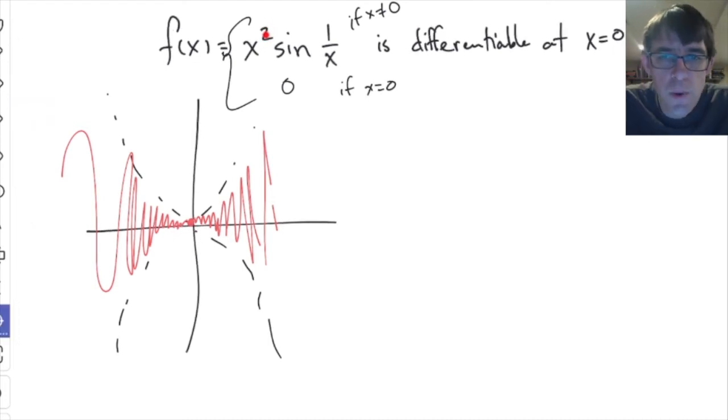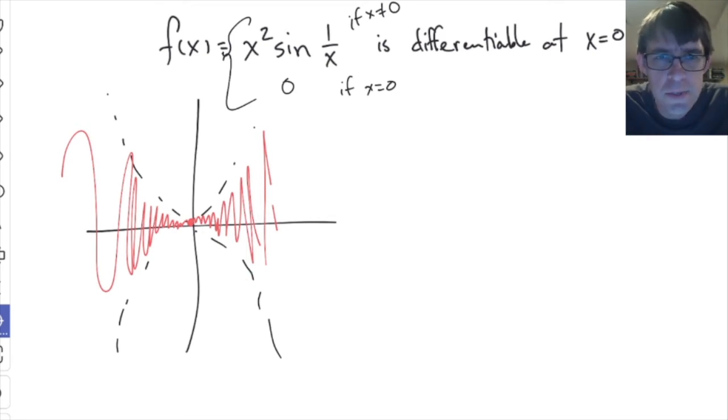If you use the square there, this one is differentiable, where the other one was not. Even though the graphs look very similar to me, this one maybe is a little pinchier near the middle. The curves on either side are getting funneled into this parabola shape rather than a straight line shape.